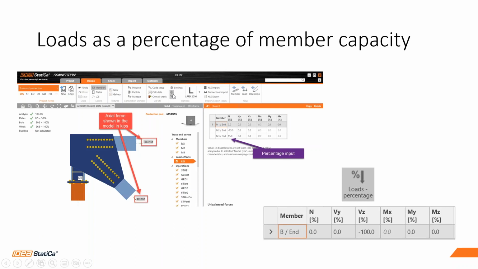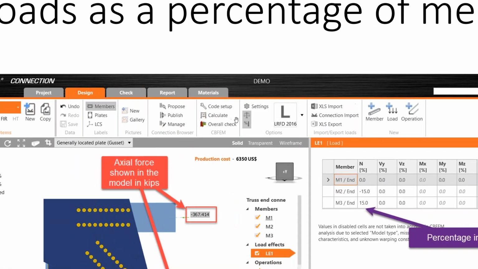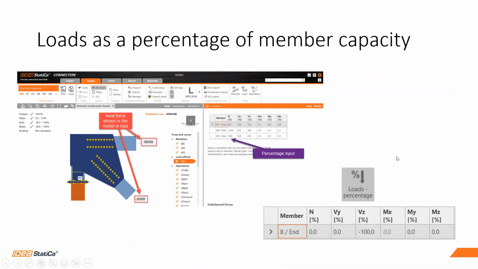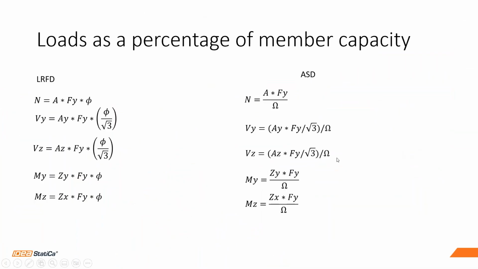So for that, you can activate this small icon that I have. I'll show you in the software later. Here you can see the percentage icon, okay? So you activate that and you will have this input as percentage here, all right? We use these formulas to calculate the capacity of the member. For the moments we use the plastic modulus, okay?